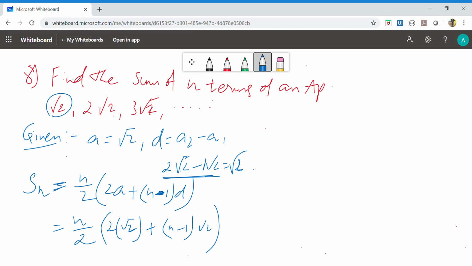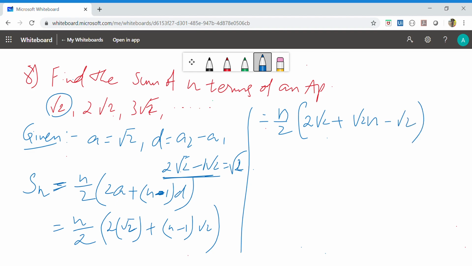Then what does it become? n/2 into [2 root 2 + root 2 n - root 2], which is n/2 into [2 root 2 - root 2 + root 2 n], becoming n/2 into [root 2 + root 2 n].